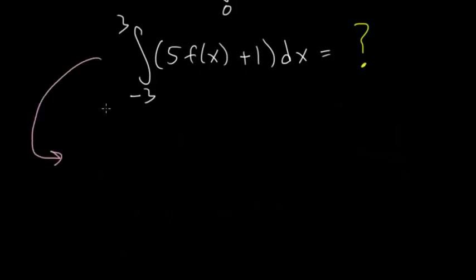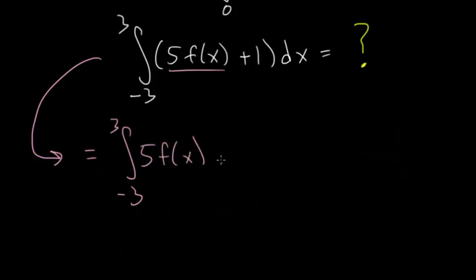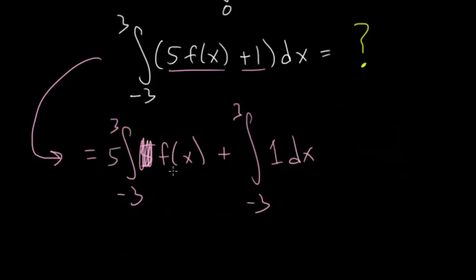So in other words, we can rewrite this as the integral from -3 to 3 of the first term of the sum, which is 5 times f of x, and then plus a second integral from -3 to 3 of the second term of the sum, which is just 1 dx. And since we have a constant inside the integral, we can factor that out so that we have 5 times this integral here.